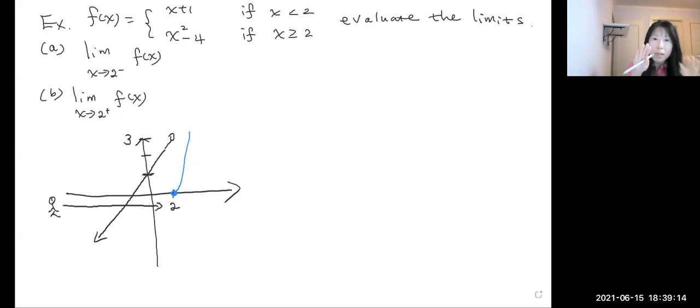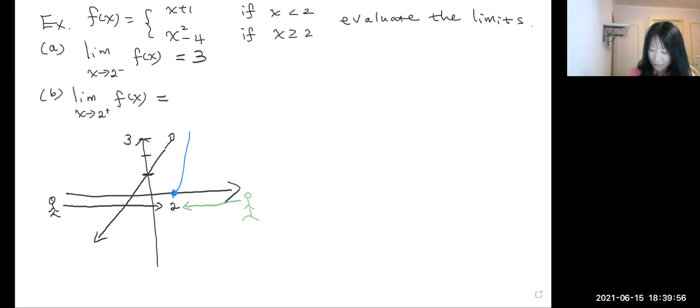All right. So once again, I'm standing there and approaching x equal to 2. Then it's a 3, right? Good. How about I'm standing here and I'm approaching x equal to 2? It would be 0.